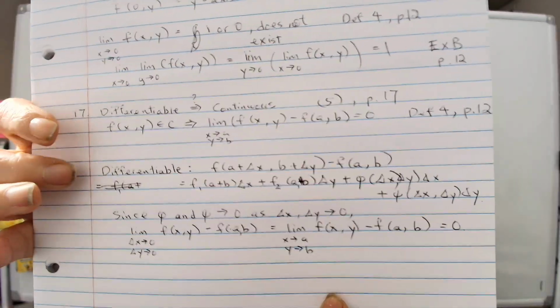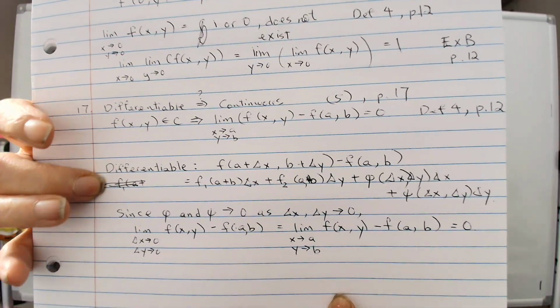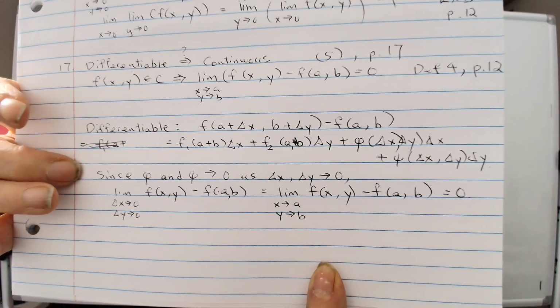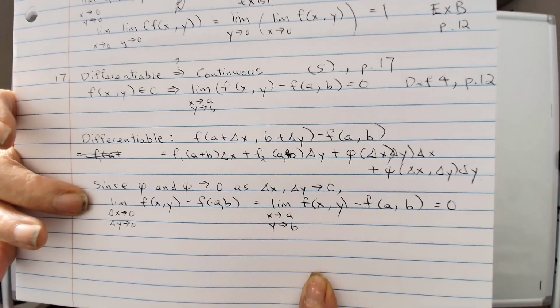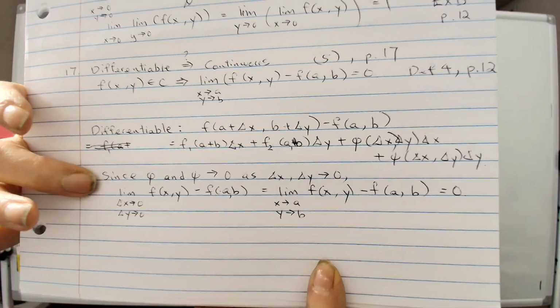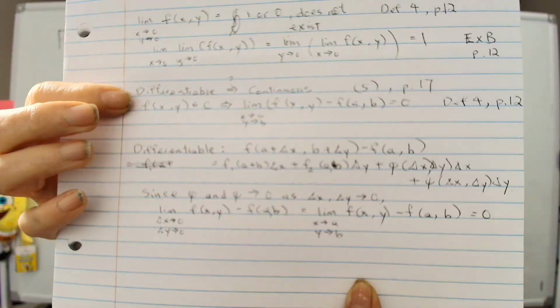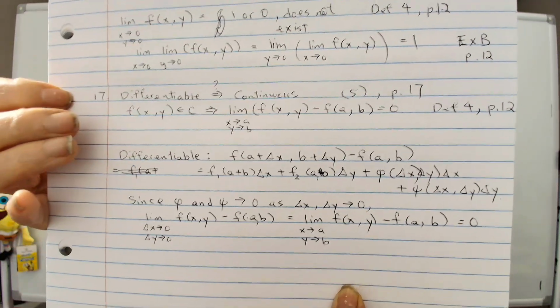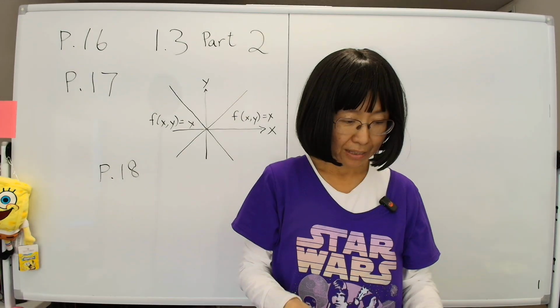We'll just write down that it's differentiable, this works, and then automatically, since these things go to 0, the limit will be 0, which means f of x, y does approach f of a, b, and by the definition of continuity on page 12, differentiability does prove continuity. So that would be that.